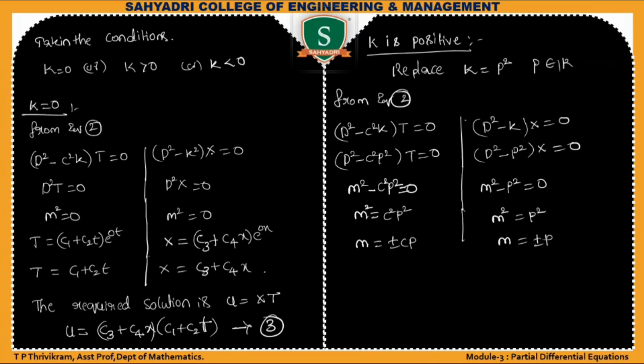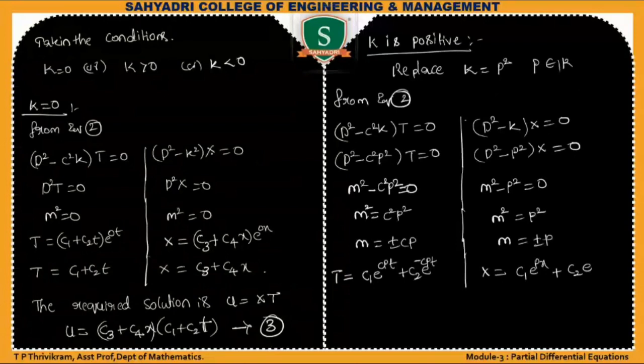So we have two distinct solutions. When you have two distinct solutions, t is equal to c1 e power cpt plus c2 e power minus cpt. Similarly, x is equal to c3 e power px plus c4 e power minus px.